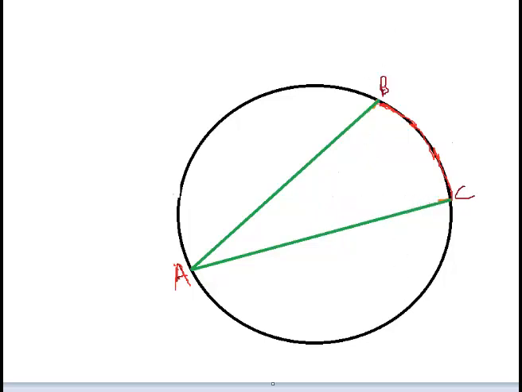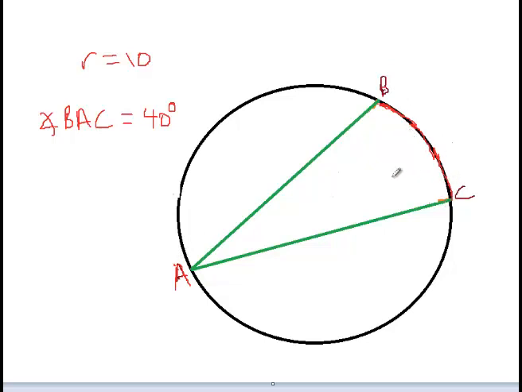And let's say you were told that the radius of this circle, we don't have any drawn, but that doesn't mean there aren't any, is 10, and that angle BAC equals, let's say, 40 degrees. Well, can you figure out what the circumference of the arc is?